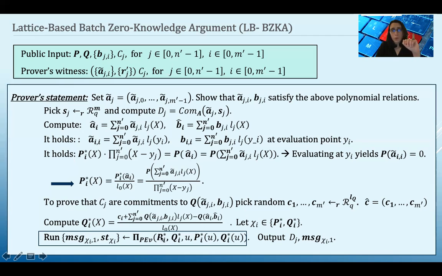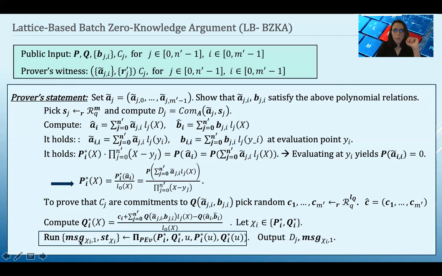Then on input of these two polynomials, Pij star and Qij star, and an evaluation value u and the corresponding function value evaluated at this value u, the prover will run the prover part of the polynomial evaluation protocol from the first contribution.